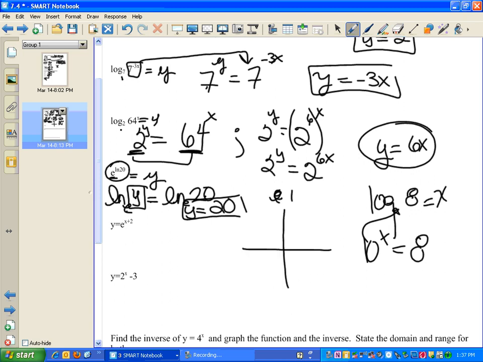If I give you 10 to the x, this was always our asymptote, wasn't it? That's a y asymptote. It's going through a y value. So the other one's going to have a vertical asymptote, which is an x value that it goes through, so it's an x asymptote.